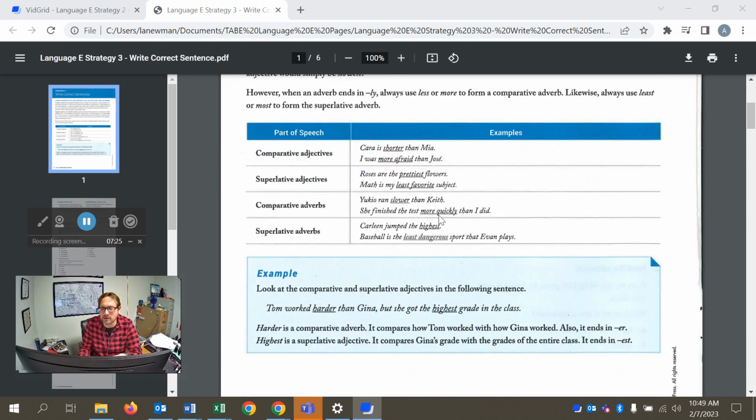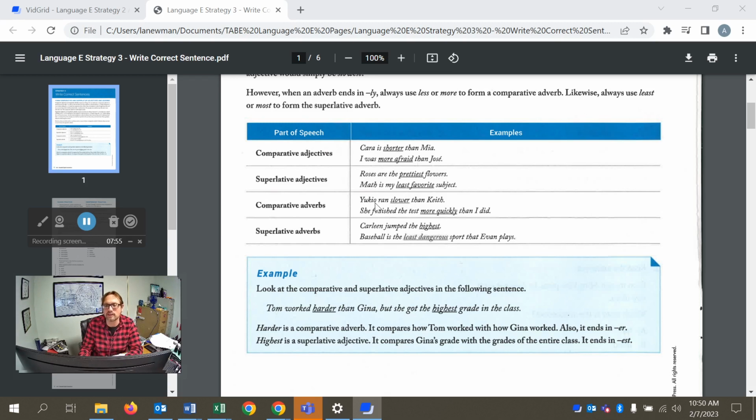The only thing I can come up with that would show a bad example is "Math is my worstest subject," which shows, again, the impossibility of forming it that way. Okay, comparative adverbs. These are modifiers that describe verbs. "Yuki ran slowly" would have been the original adverb, but we're dropping the Y and adding the "er."